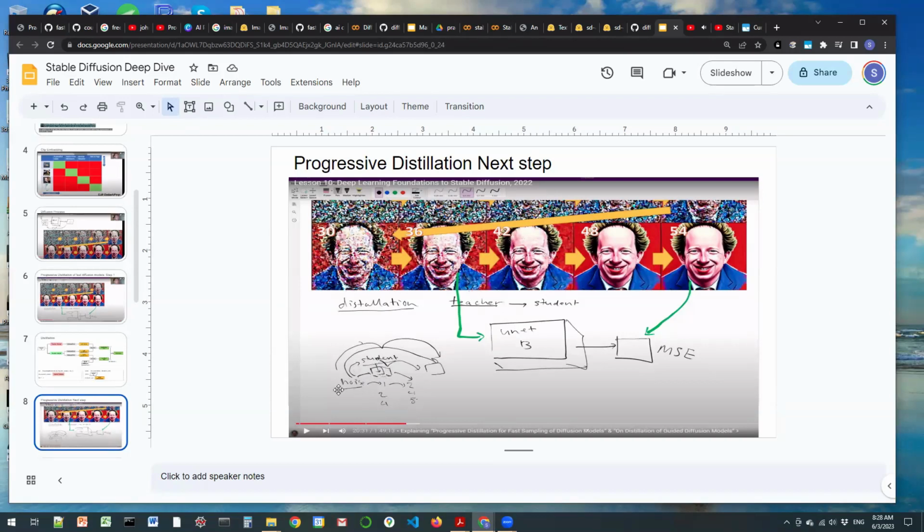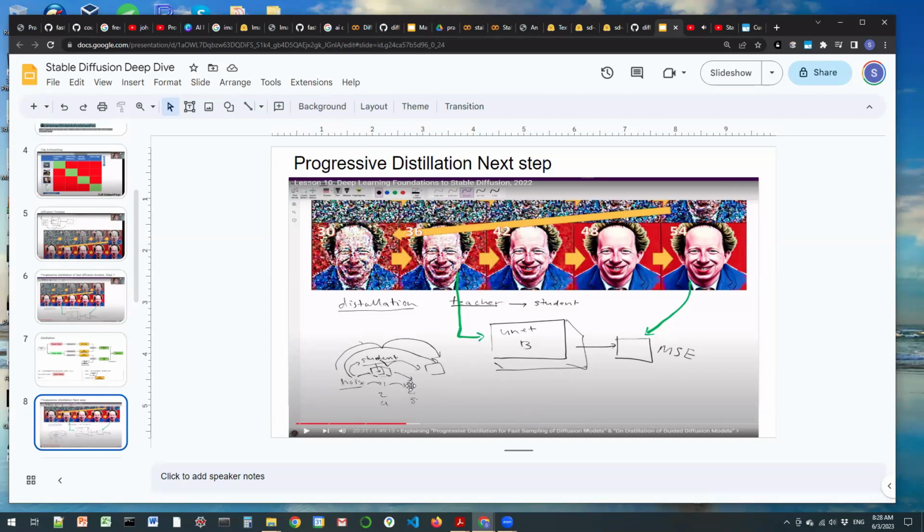The input is given. We have a teacher model which has been completely trained on the whole process. It's capable, but it's a much larger model. And what is then done is, using the distillation process, a smaller student model is trained, and that is used to predict, let's say, 2 steps of the inference process. That is, the input to it is, let's say, step 0, and out comes step 2.